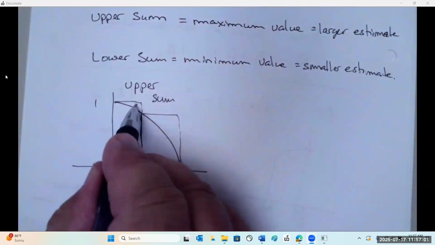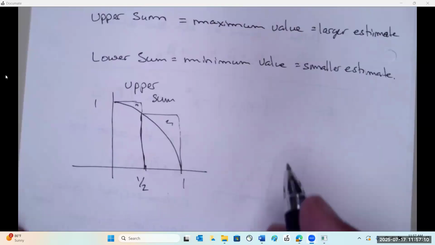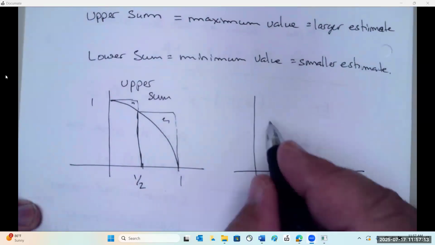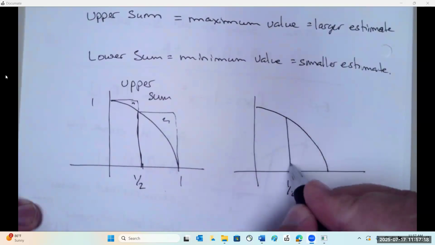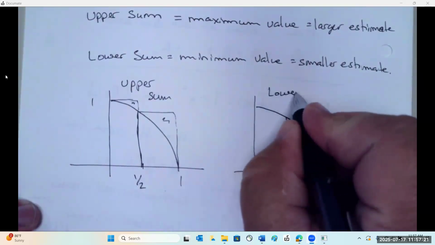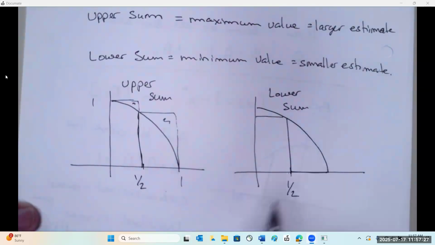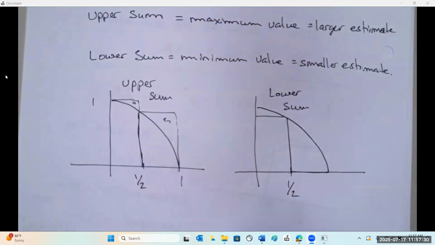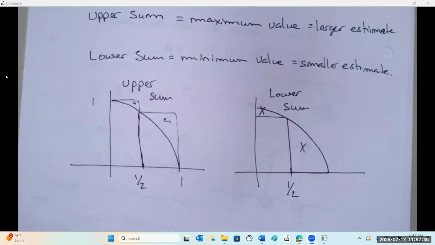It's upper because we have all this area here that is extra. You call it like a buffer, like a safety zone. And the lower sum will be given inside the function because we're missing this part. So you could also say that upper sum is an overestimate, lower sum is an underestimate.